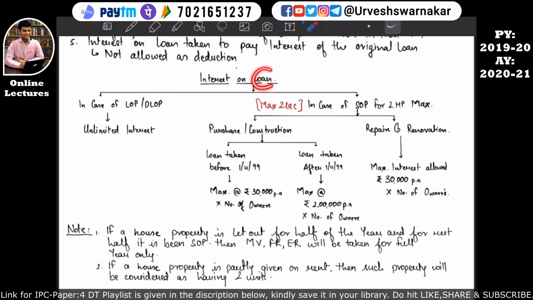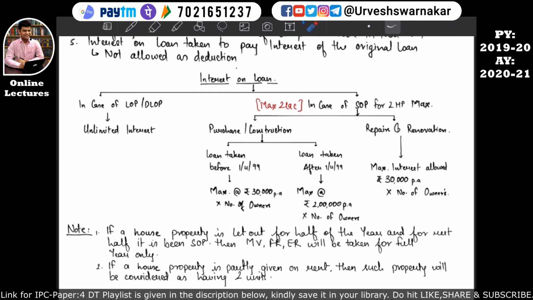But if the loan for purchase or construction of such self-occupied house property is taken after 1st April 1999, then the maximum interest allowed as deduction under section 24 subsection B is rupees 2 lakh per annum. I hope this is quite clear to you all. But if the assessee has taken the loan for the repairs and renovation of this self-occupied house property, then the maximum interest allowed under section 24 subsection B is rupees 30,000 per annum.